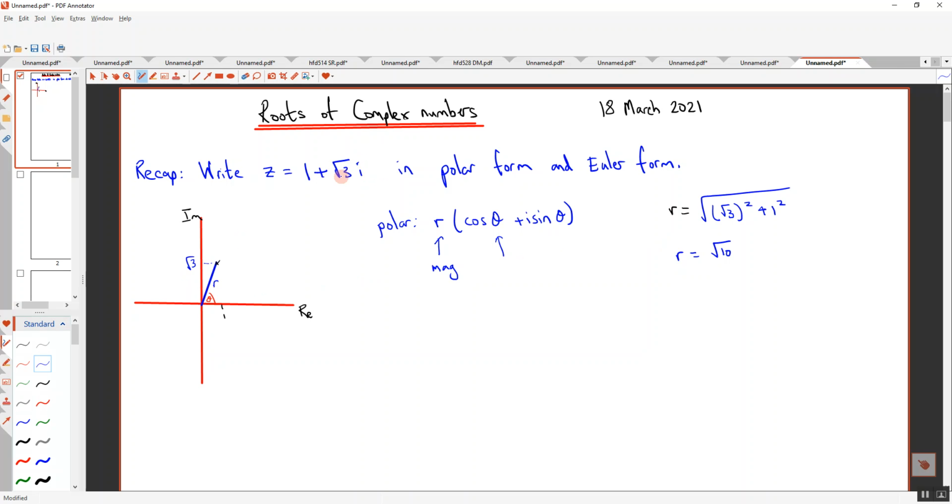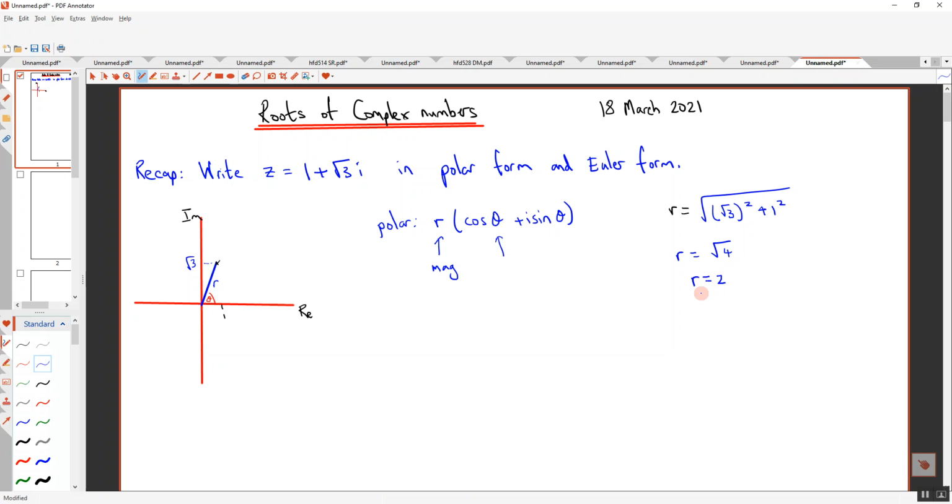Yes, sorry, so it's 1 plus root 3 I, so we're going root 3 up, so it's root 3 squared. Root 3 squared is 3, plus 1 squared is plus 1. No, yeah, I've done that wrong. So root 3 squared is 3, plus 1 is 4, so r is 2.